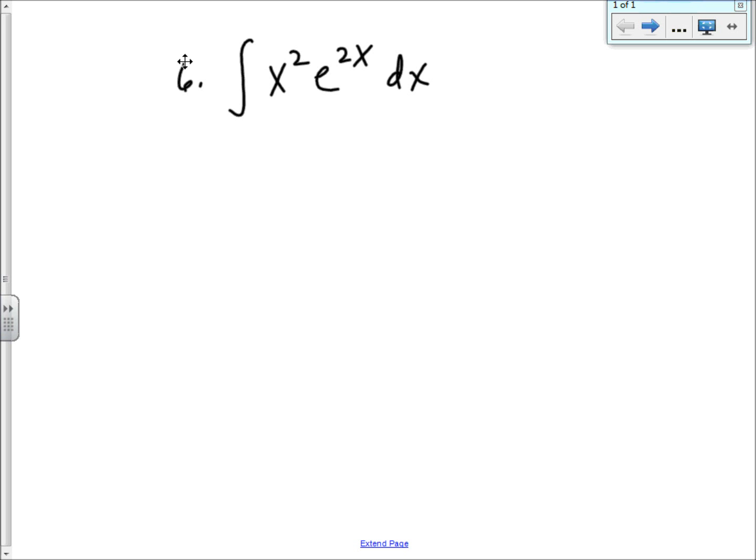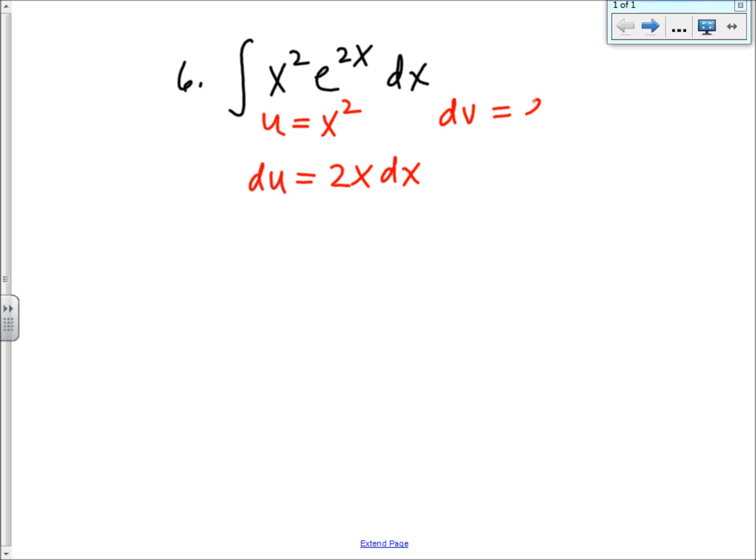So I'm going to come down here. I'm going to just change color because I'm using it for this one. So u is equal to x squared. So du is equal to, and again, I'll just take derivatives, 2x dx. Okay, and I'll just leave it. And then dv has got to be the part that's left over.